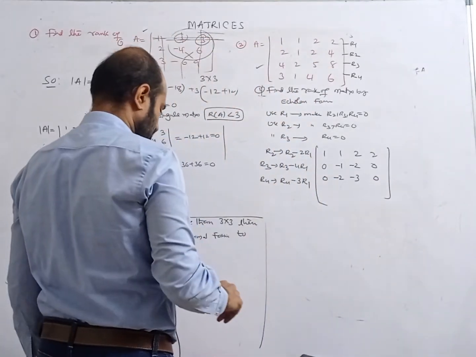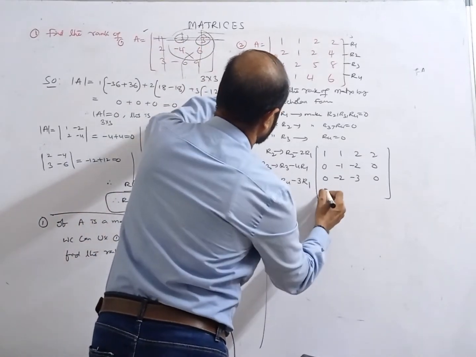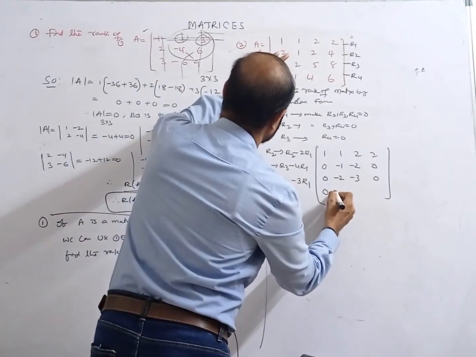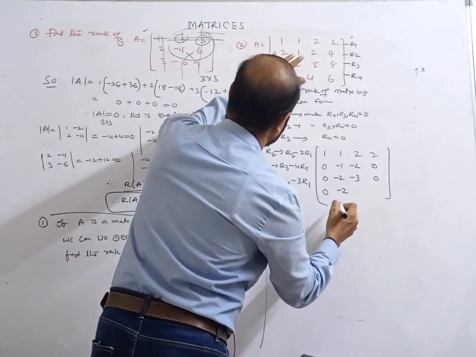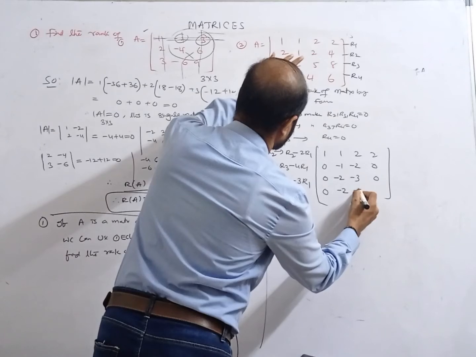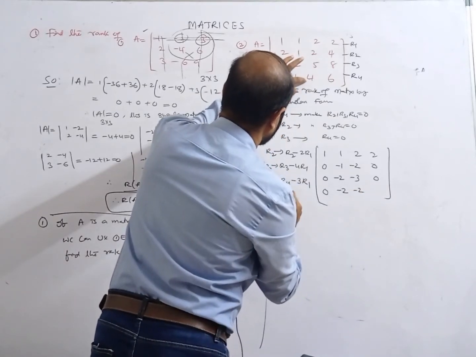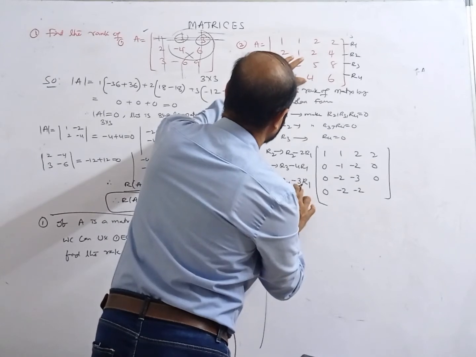Next, R4 minus 3R1: 3 minus 3 is 0, 1 minus 3 is minus 2, 4 minus 6 is minus 2. Right? This is R4 minus 3 into R1.